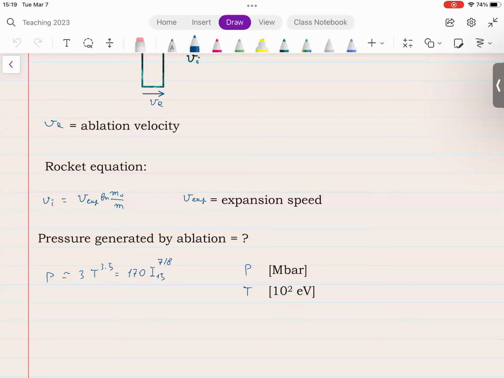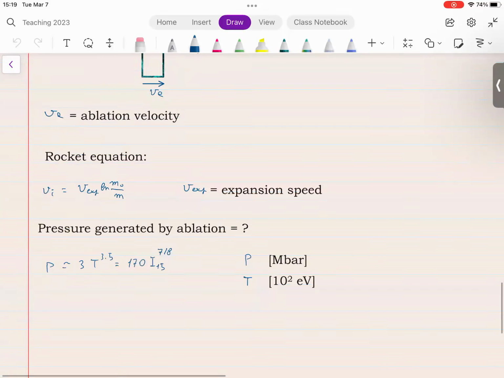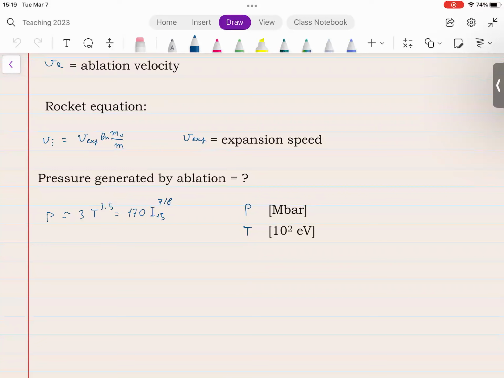Then what we have, I15, is the laser intensity or flux.